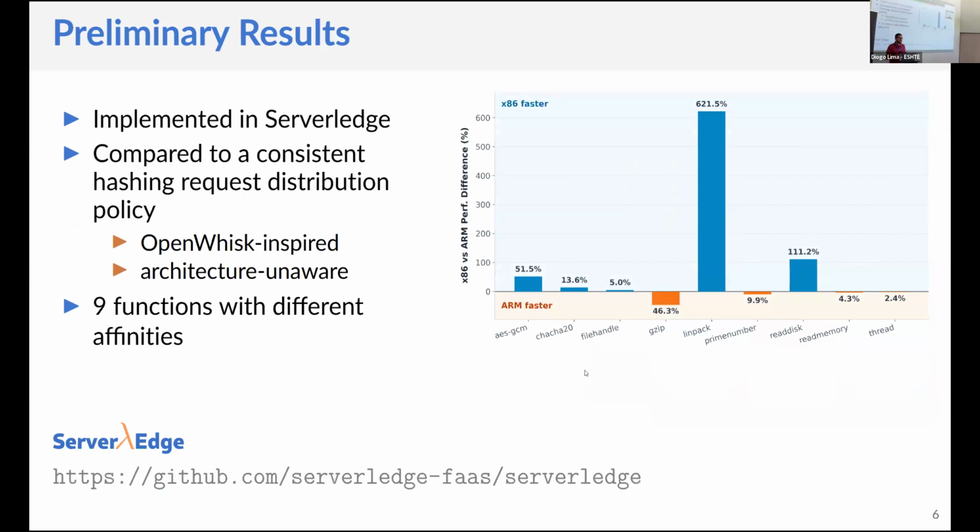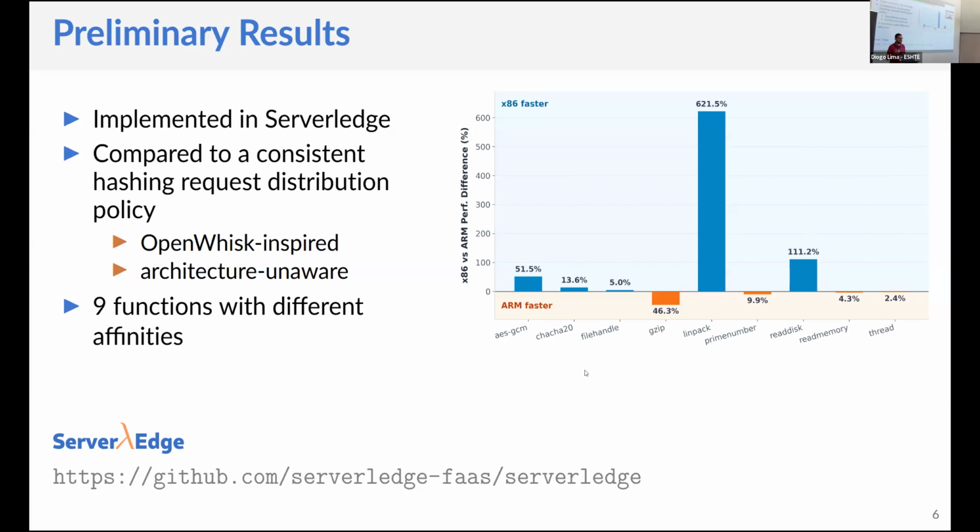We have some preliminary results. We implemented this approach in a research prototype we developed in our group. We compared it to an architecture-unaware approach, which is the default OpenWhisk scheduling policy, using 9 different functions which have different architecture affinities.